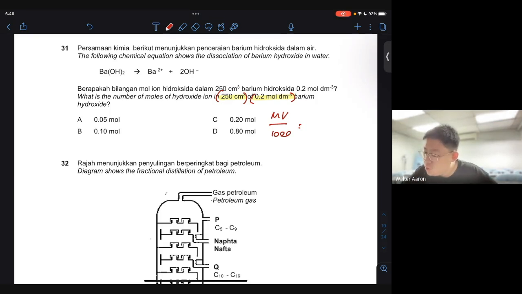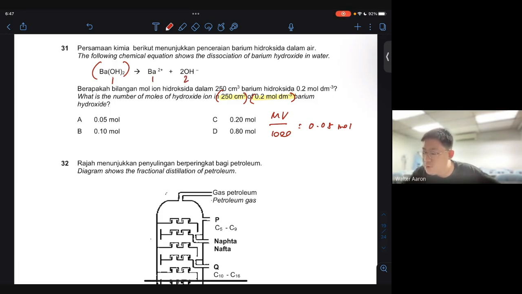So the number of mole of barium hydroxide is 0.05 mole. Okay. And because for every 1 mole of barium hydroxide, you actually get 2 moles of hydroxide ions, so this is a 1, 1, and this is 2.